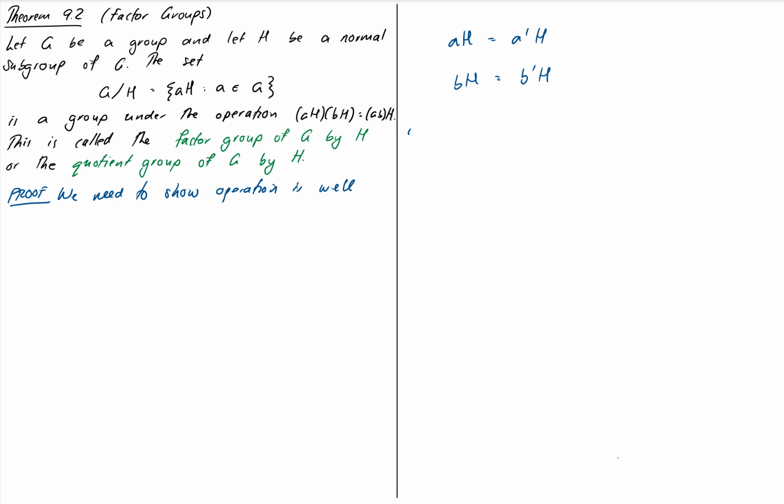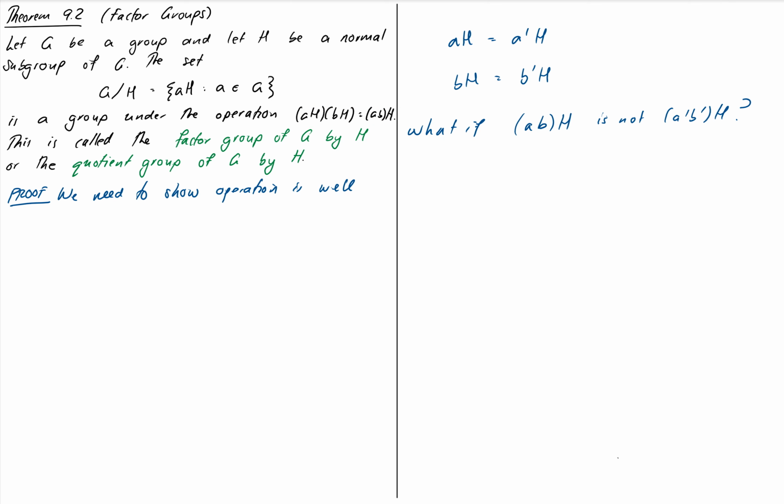So what if ABH was not A prime B prime H? Let's say I accidentally chose different coset representatives that gave me a product that didn't give me the same coset, then this operation that I've specified here would make no sense whatsoever.